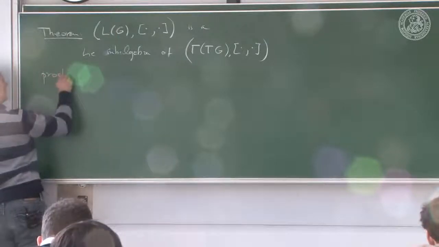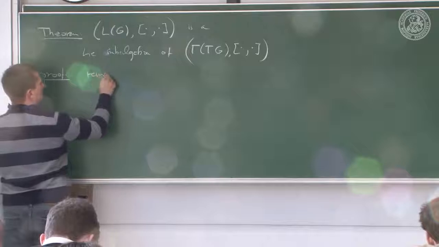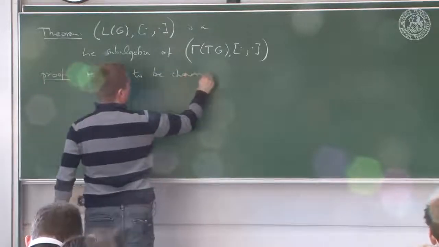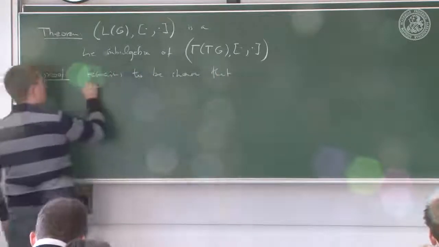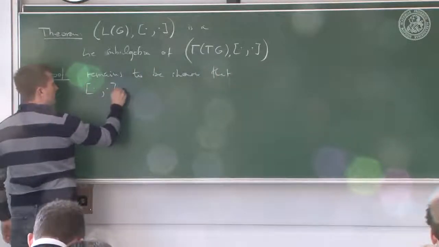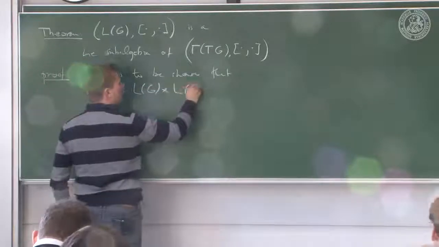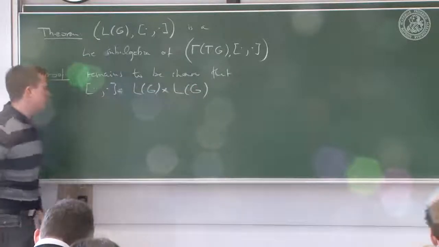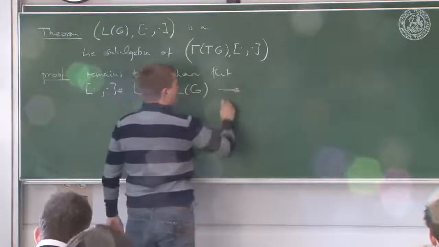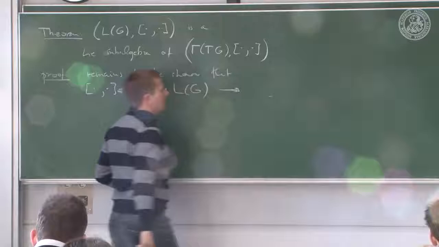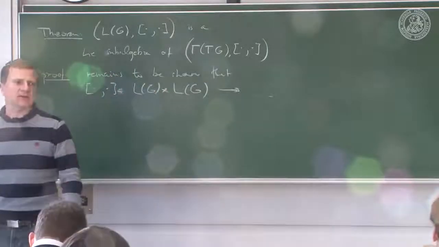Proof: it remains to be shown that if you feed into the bracket two left invariant vector fields, what you get is again a left invariant vector field.